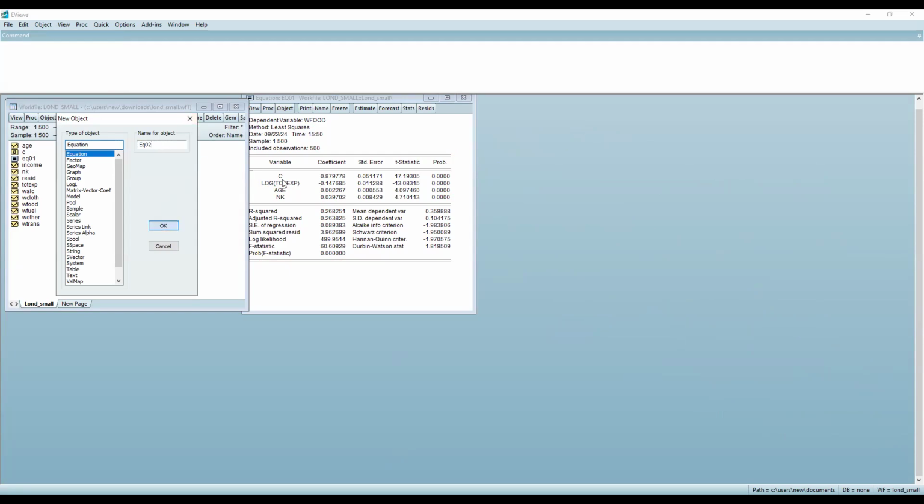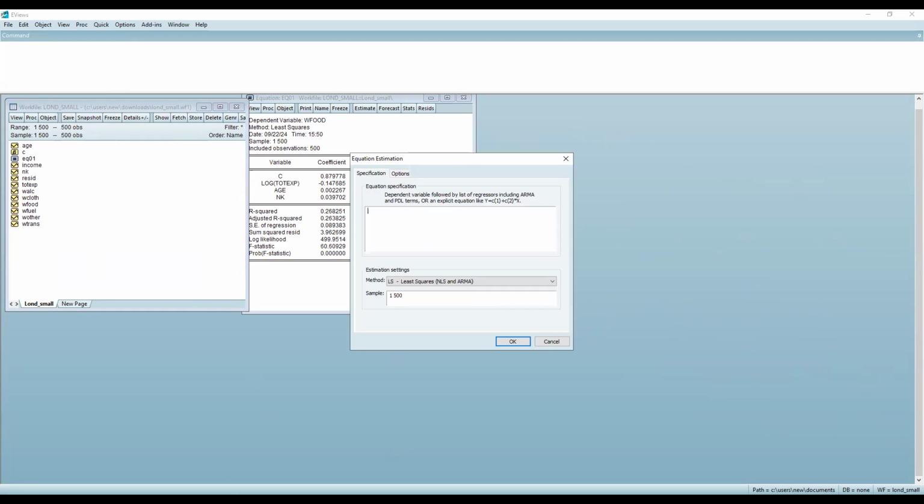This time, instead of the bill food, I would like you to use the bill alcohol. I would like to know how people's drinking of alcohol depends on their age, total expenditure, and number of children. So you can see alcohol, C, log total expenditure, age, and K.